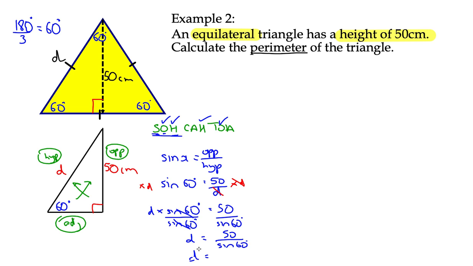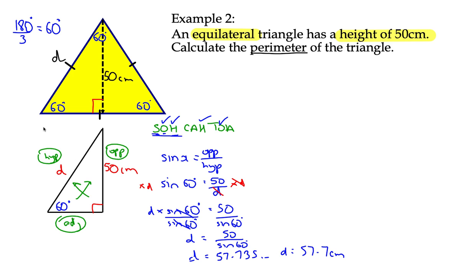Sine of 60 is 57.735, which is 57.7. We'll just use 57.7 centimeters.